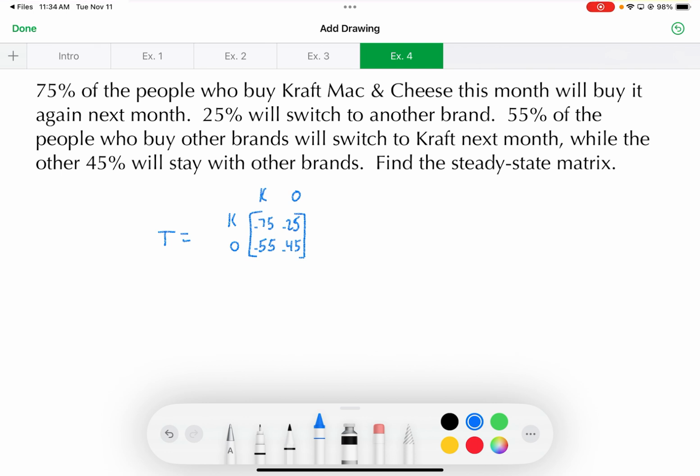Okay, so now we want to come up with the steady state matrix for this situation. Well, it's going to have one row and two columns, since we're working with a transition matrix that's a 2 by 2.